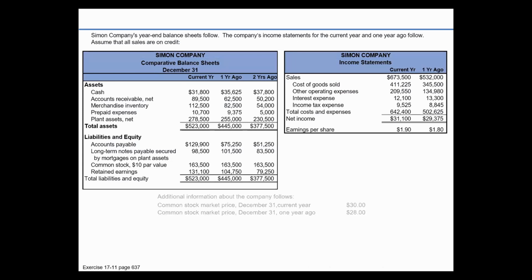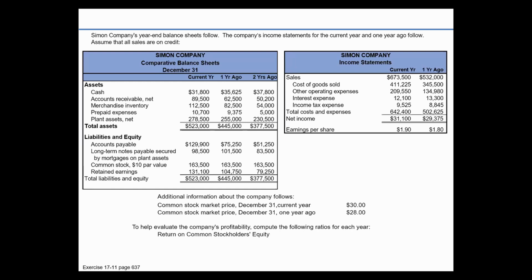And so additional information about the company follows. The common stock market price on December 31st of the current year is $30, and the common stock market price on December 31 of 1 year ago is $28. To help evaluate the company's profitability, compute the following ratios for each year: the return on common stockholders' equity and the price earnings ratio.